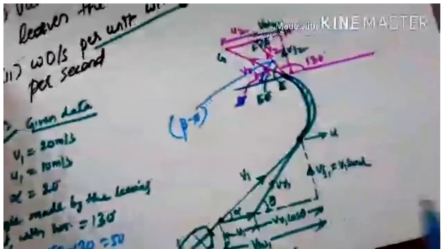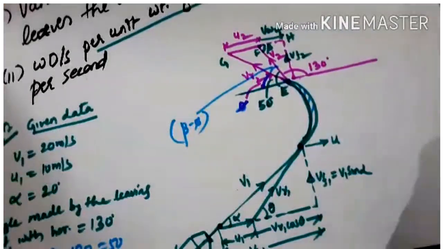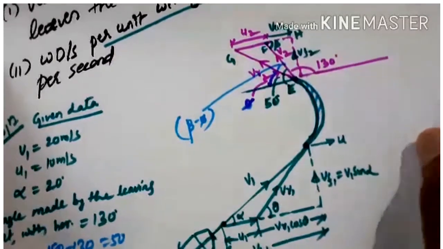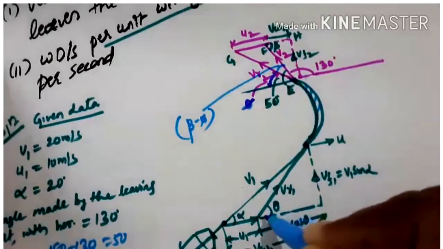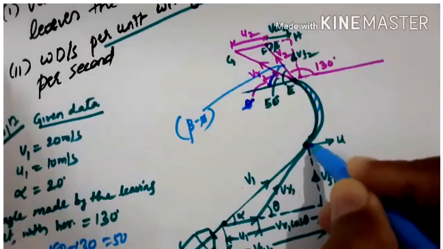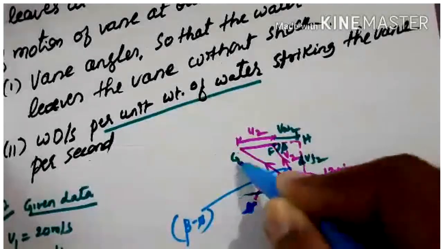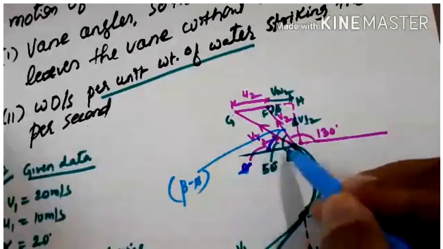Now we have to calculate, by referring to this velocity triangle, the vane angles at inlet, meaning at what angle the jet is entering the blade passage, that is theta, and at what angle it will be leaving, so at inlet as well as outlet.